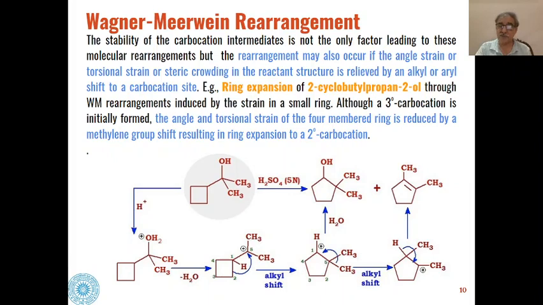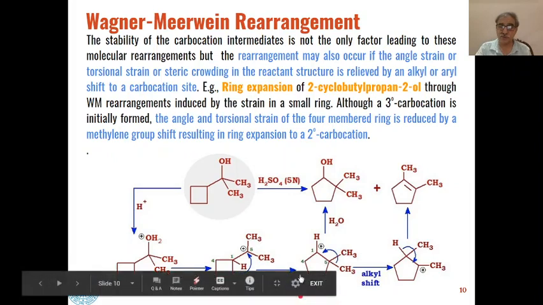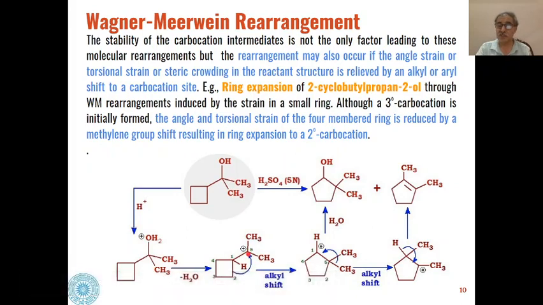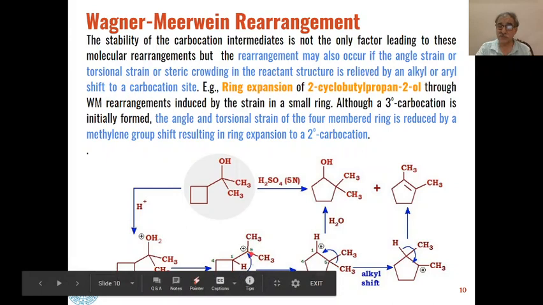The carbon-carbon bond will break between carbon 1 and carbon 2 from this place, and this will move to this carbon 5. That means when this moves to this place, the carbonium ion will be generated at carbon 1. So we will get a 5-membered ring carbonium ion like this.